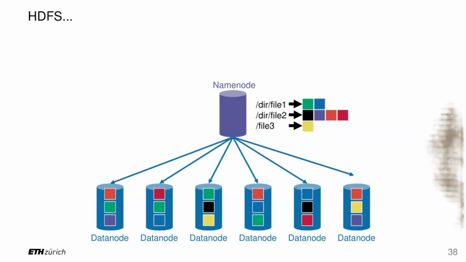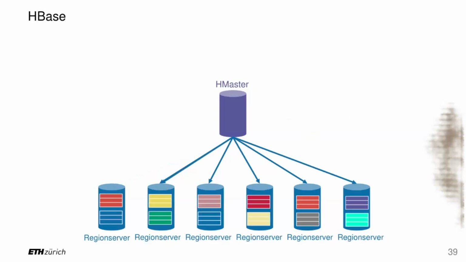And if you look at the other nodes, the worker nodes, they have a data node process and a region server process running on them. For whom is that clear? Right? And so very often people say the region server, the name node, the data node, the HMaster, as if it were the machine. But really, always remember, it's a process running on the machine.